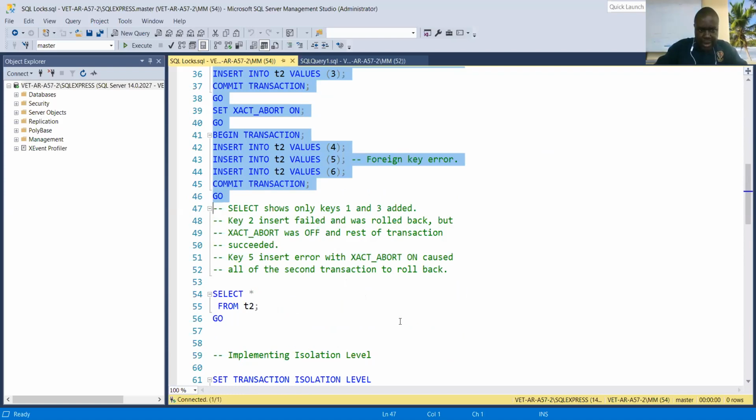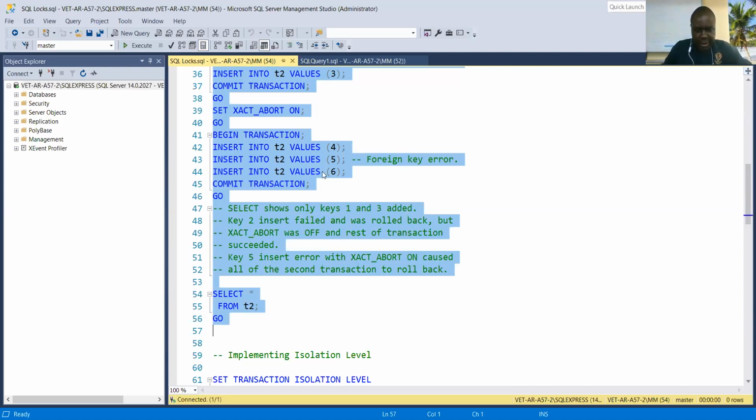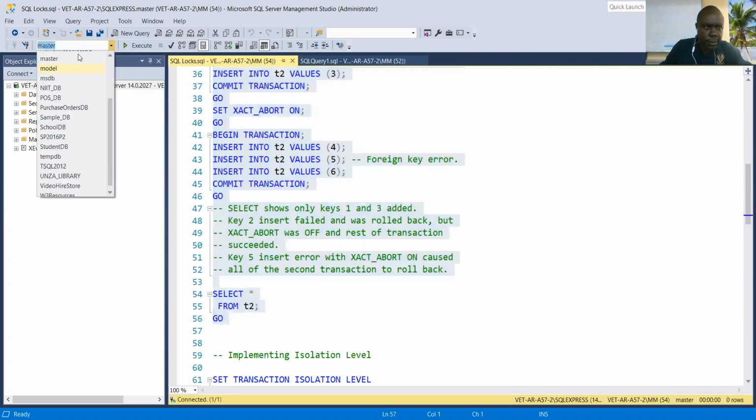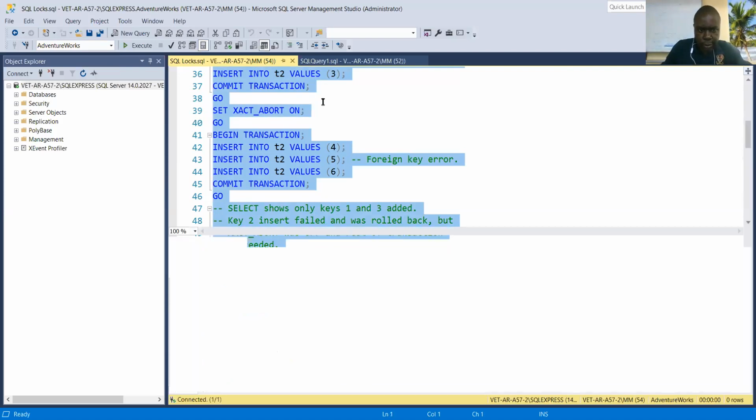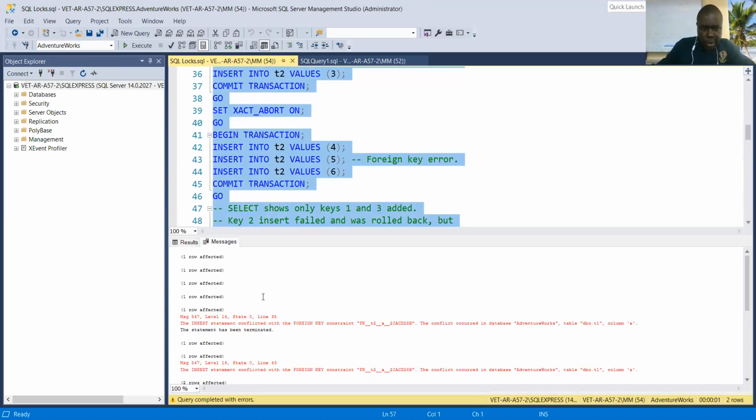And the last part is doing a select so that we can view the results of our statement. Okay, so we get some statements here about foreign key constraints being violated and so on.